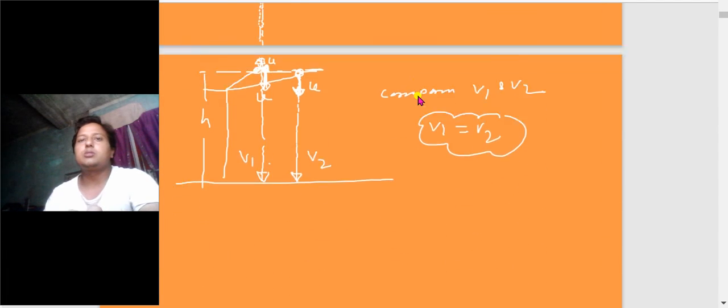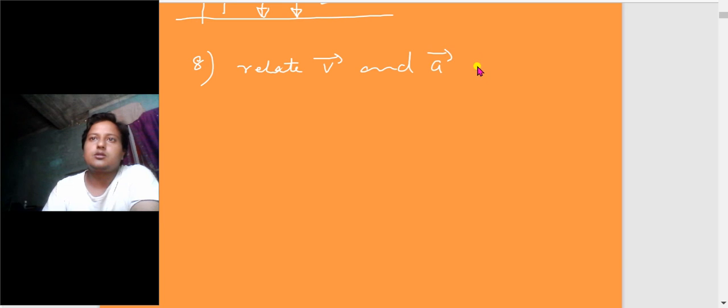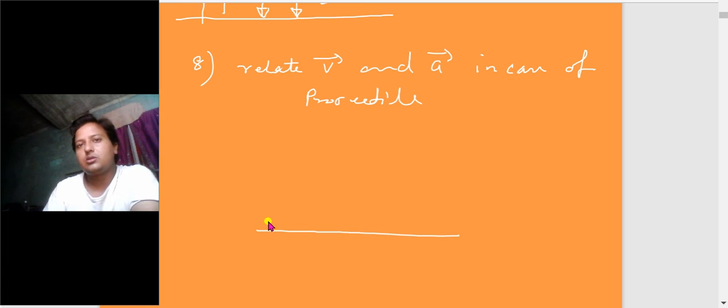In question number 8, we have to relate velocity and acceleration in case of projectile. If we are talking about oblique projectile motion, the body goes like this.